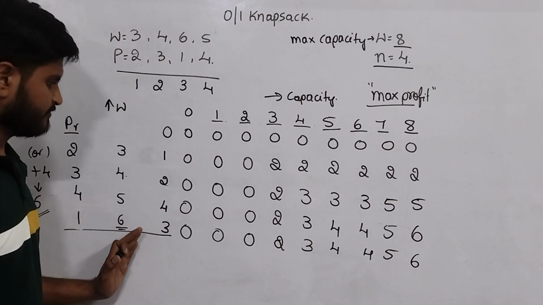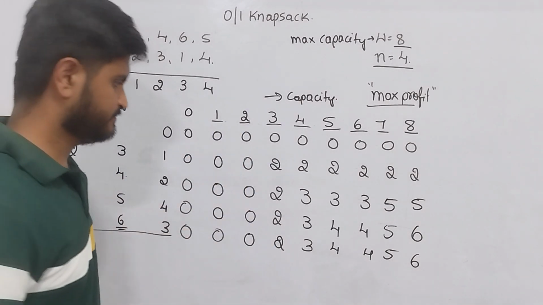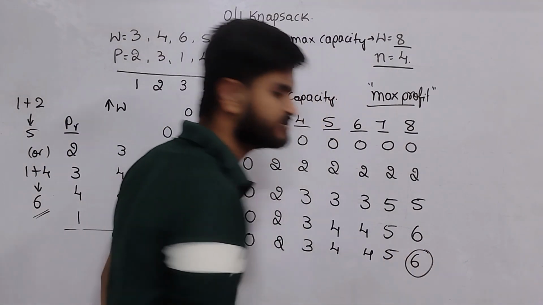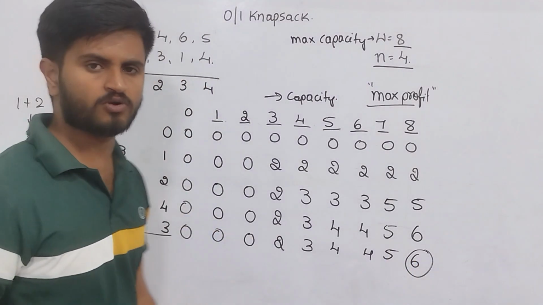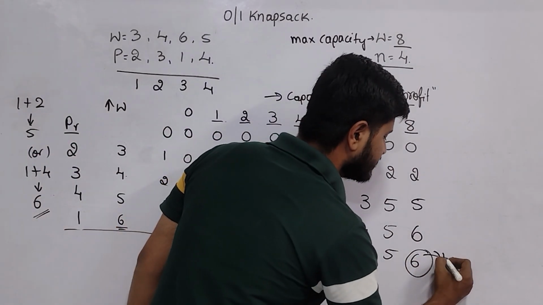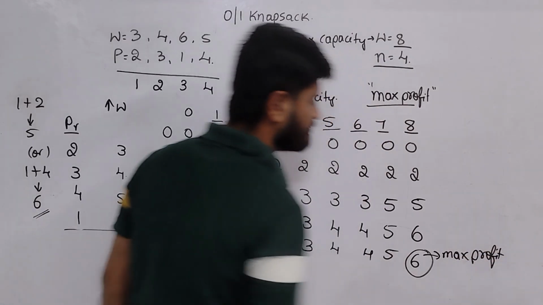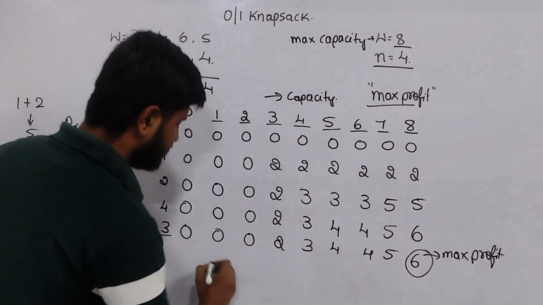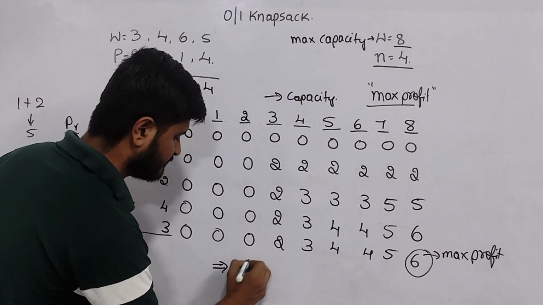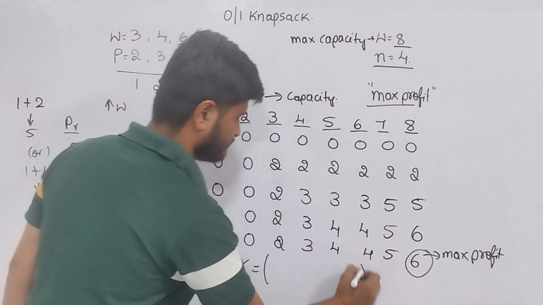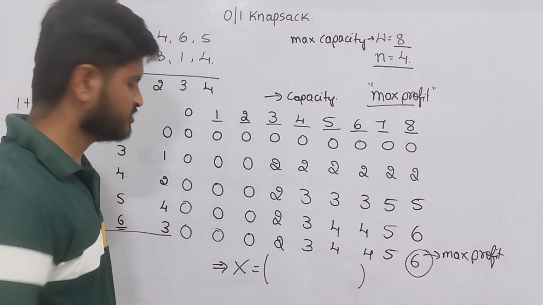Now all the items are filled and their rows and columns are filled. Now just circle this value, the last value you got. This value will be called the maximum profit value. In the last step, name any variable x. X, A, B, C, D, anything you can take.